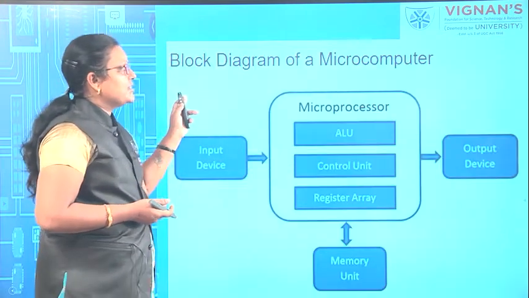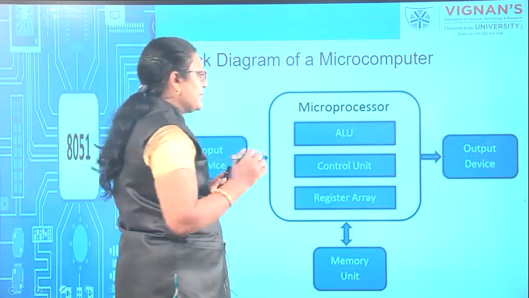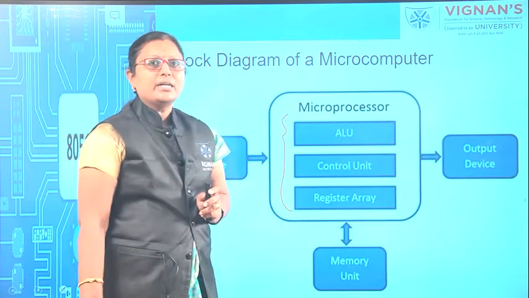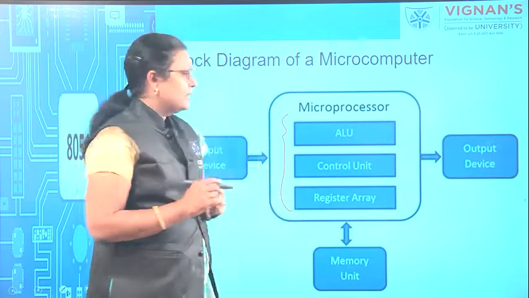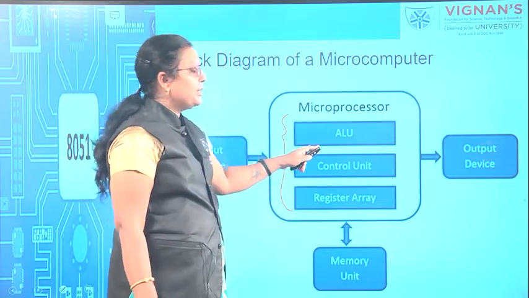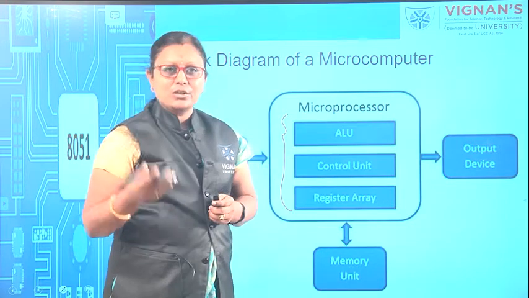This is the general block diagram of a microcomputer. As you know, the processor consists of three main components: the arithmetic and logic unit, the control unit, and the register array. The arithmetic and logic unit performs arithmetic as well as logical operations.